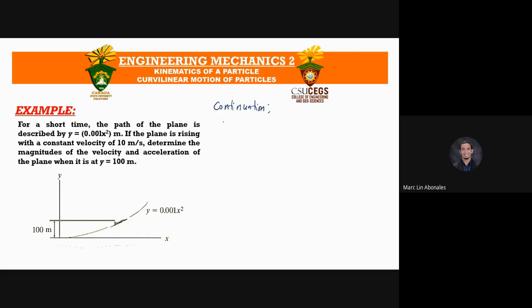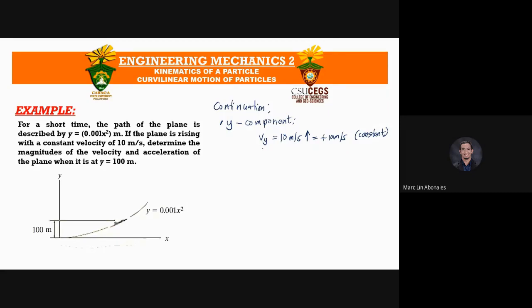Okay, the y component is easier. The Vy is given, which is the y component of velocity, 10 meters per second upward, or it is rising, meaning that it is a positive 10 meters per second. The y component of your acceleration will be equal to 0, since the y component of your velocity is constant.